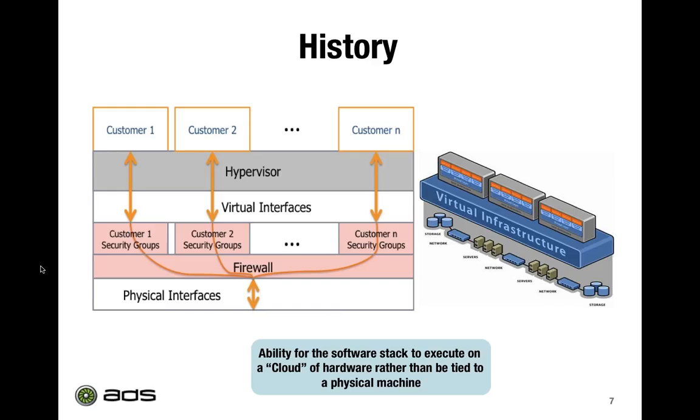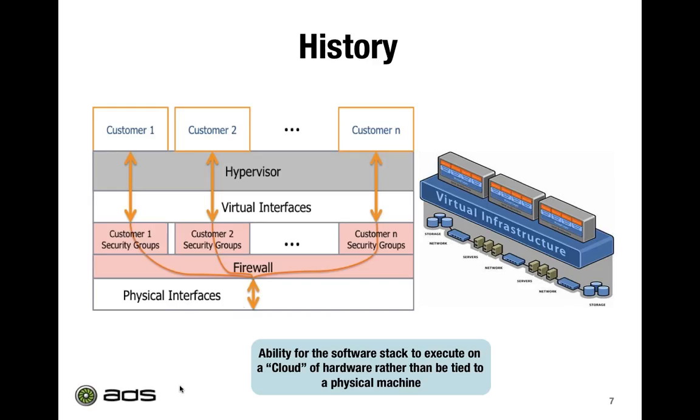They developed an architecture that allowed you to decouple the software from the physical hardware by creating what they call a virtual interface. They virtualize the physical boxes that you're on. That allowed them to put multiple operating systems, virtually separated from each other, on the same hardware, and to communicate with the physical interfaces without interfering with each other.